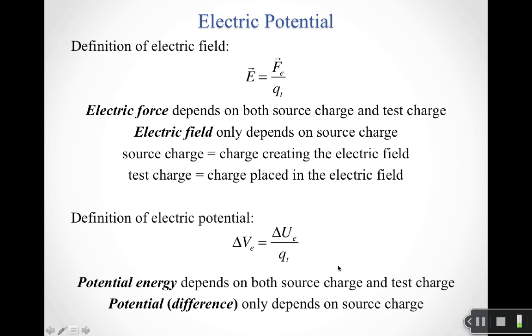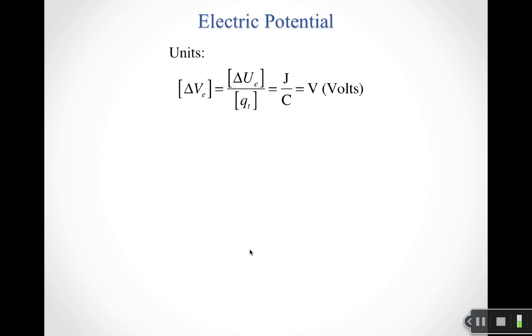And then how I move around within that field will tell me about how the potential is changing. So for units, if I think about that previous equation, the units for electric potential are equal to the units of electric potential energy divided by units of charge. So that's going to be joules per coulomb. This also gets called a volt.